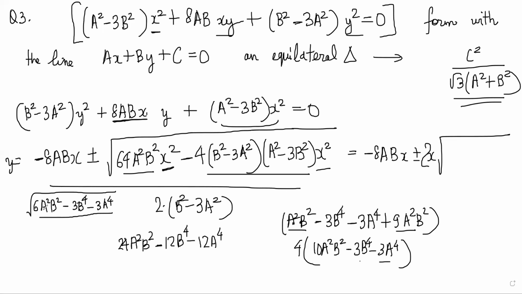Let me just check the equation. Have we made some copying error? a square minus 3b square plus 8ab xy plus b square minus 3a square y square. We are solving for y plus a square minus 3a square x square.